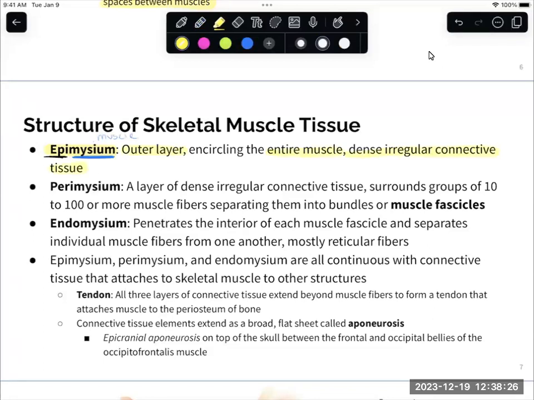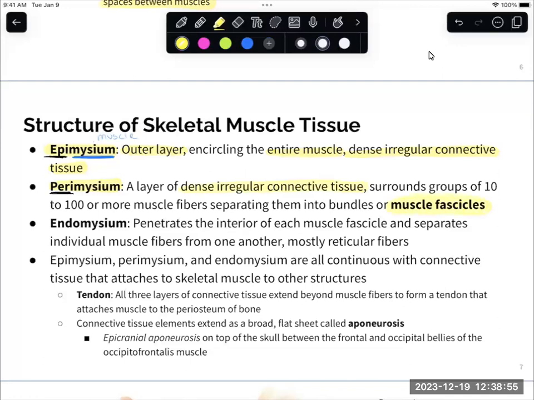Next is that perimysium. Peri is that kind of middle layer. What this perimysium, that's dense, irregular connective tissue, it's wrapping around tens to hundreds of muscle fibers, creating fascicles.